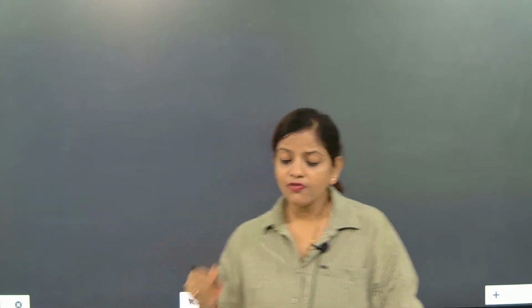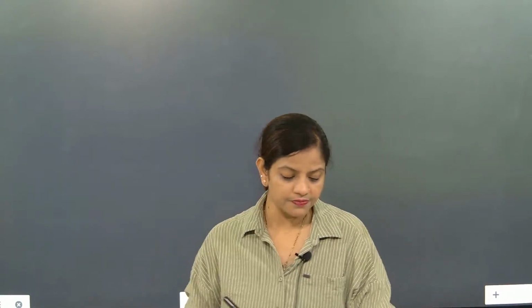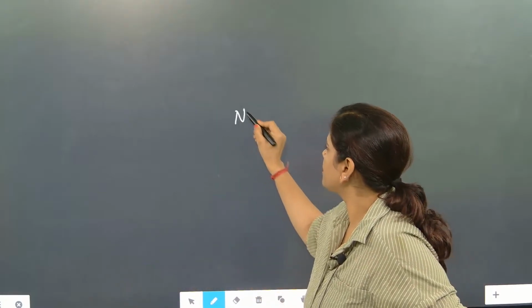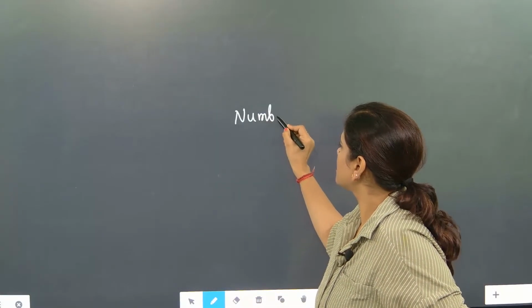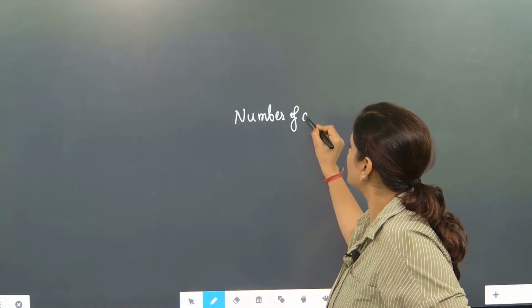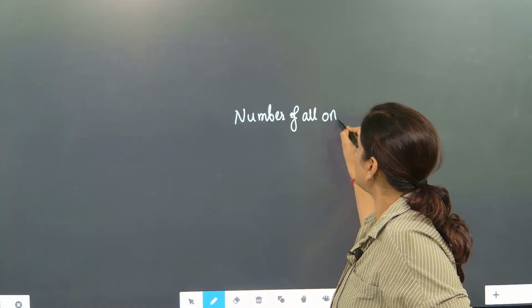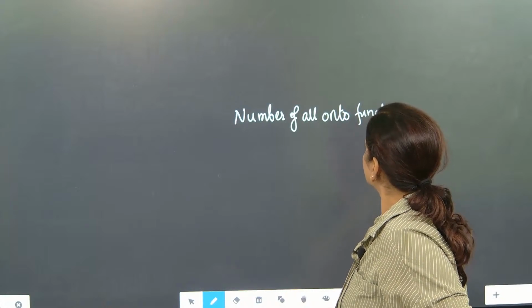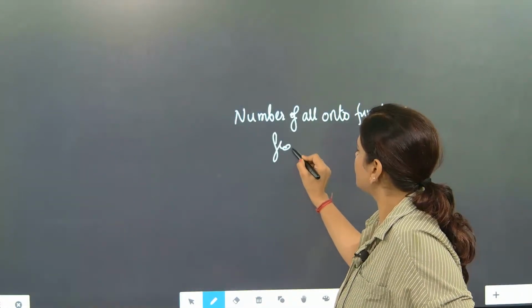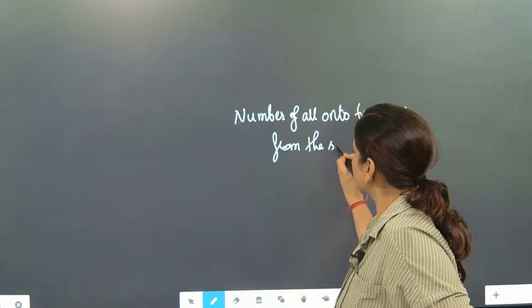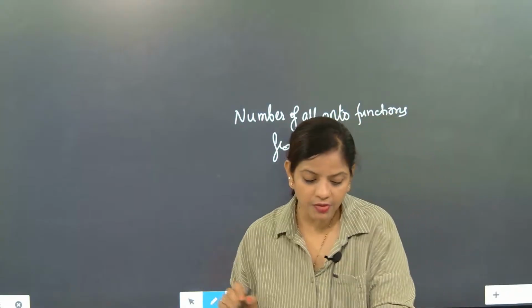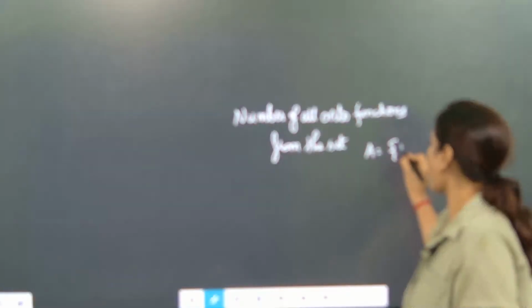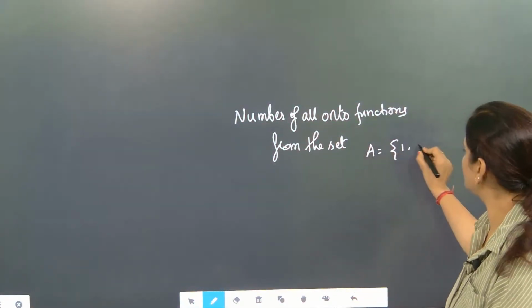Find the number of all onto functions from the set A is equal to 1, 2, 3.